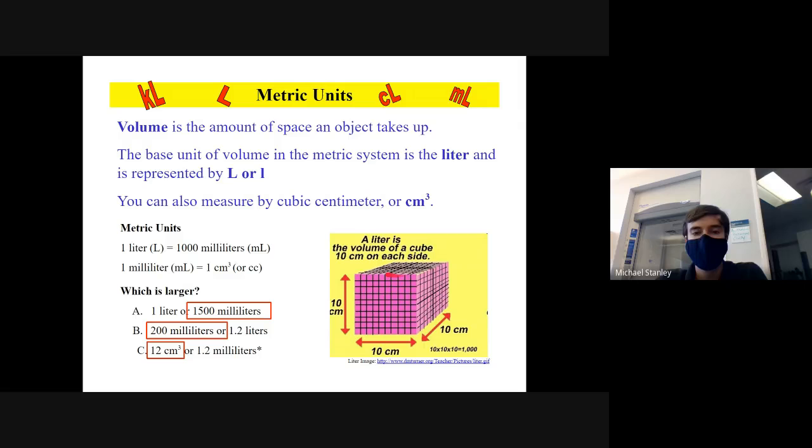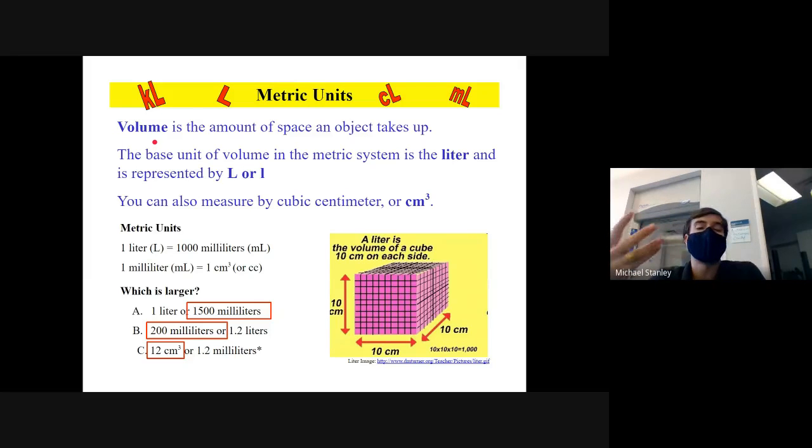Okay. So volume, mass, and length are 3 major measurements that scientists take about the world around them. Most other things that scientists study are made up of a combination of those 3 amounts: length, mass, and volume.